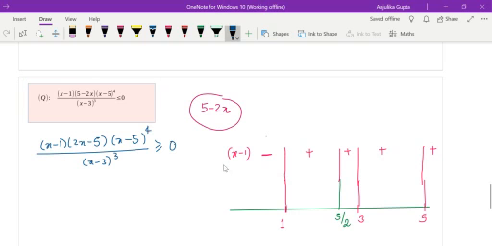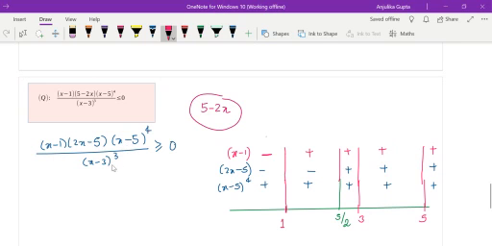Next, 2x minus 5, positive to the right of it, negative to the left of it. x minus 5 to the power 4 is positive all the time. So it is always positive. You are going to put positive all the time. If you want, you just don't write it, unless it is in the denominator.